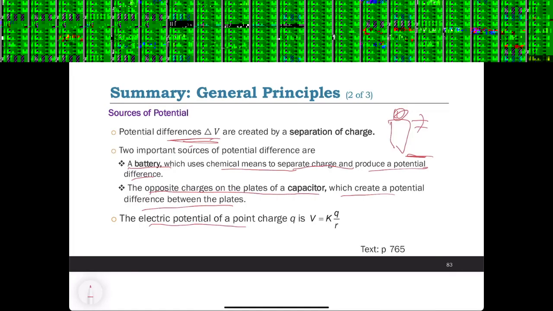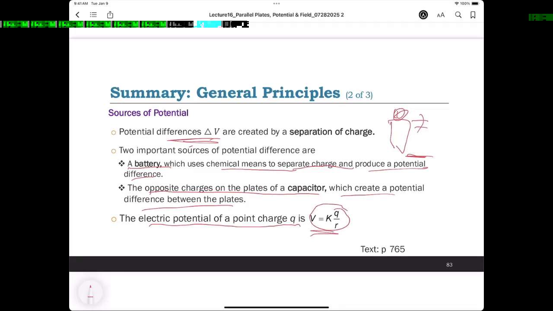The electric potential of a point charge Q, you can use this equation to calculate. And for the plates of a capacitor, you can also use an equation to calculate it. Do you remember what it is? Try to think about that. I will give you several seconds.